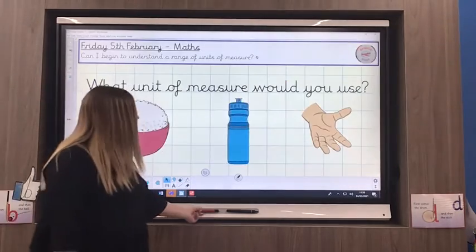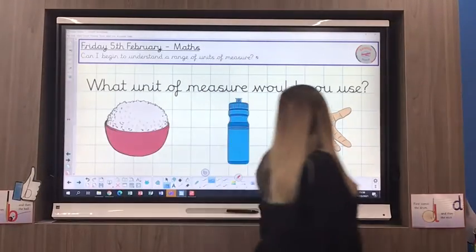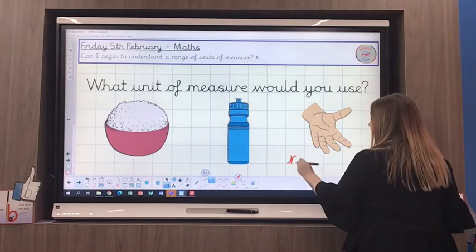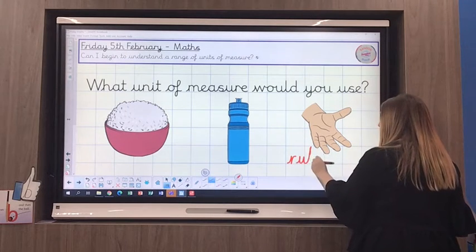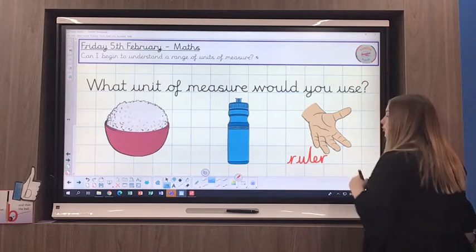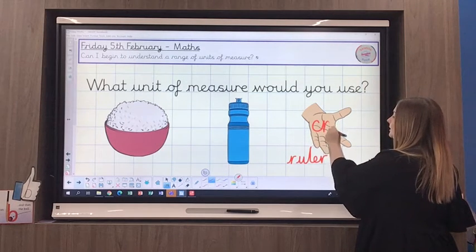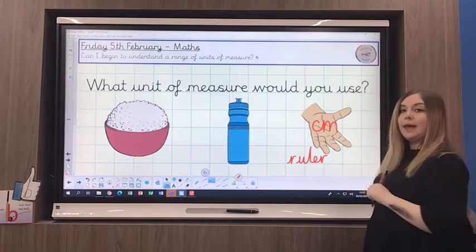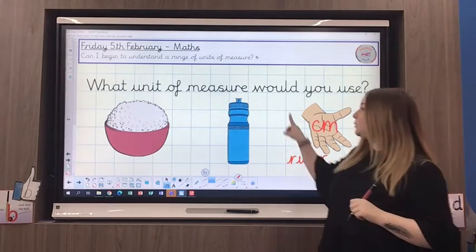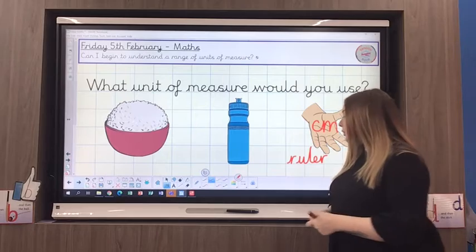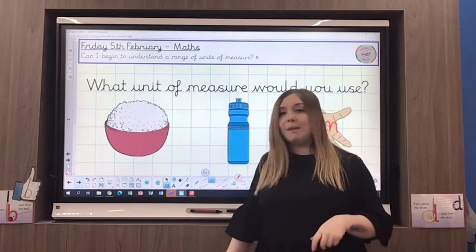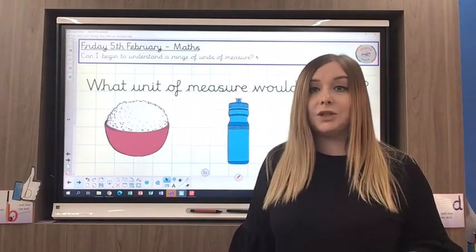Well done, Year 4. So I'd use a ruler. And I would measure it using centimetres. Okay, well done. The next one then. Now we're not going to be measuring the bottle, we're going to be measuring what's inside that bottle.